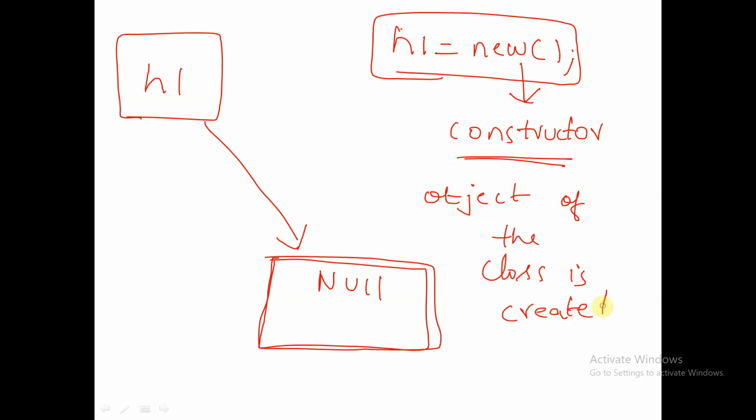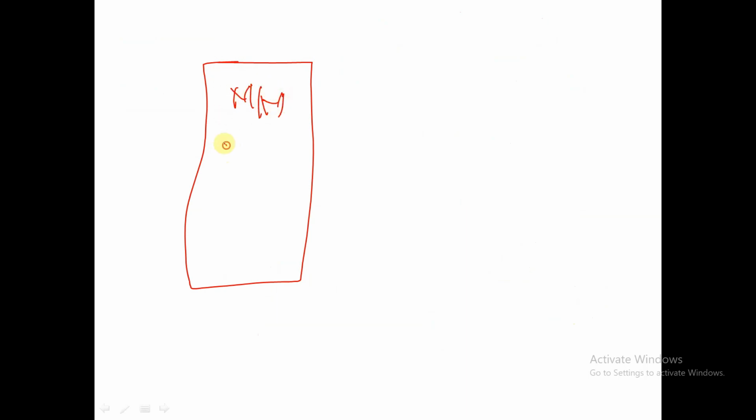That is, memory allocation takes place for the properties and the methods inside the class. Memory allocation takes place when we create an object.